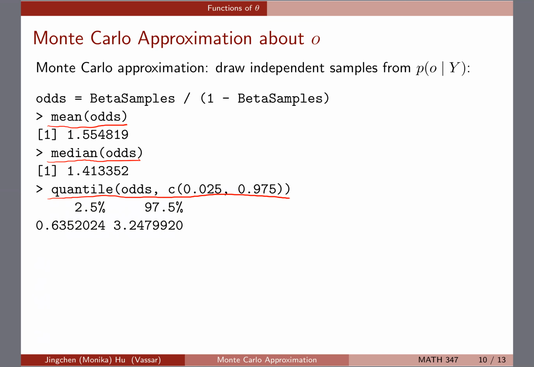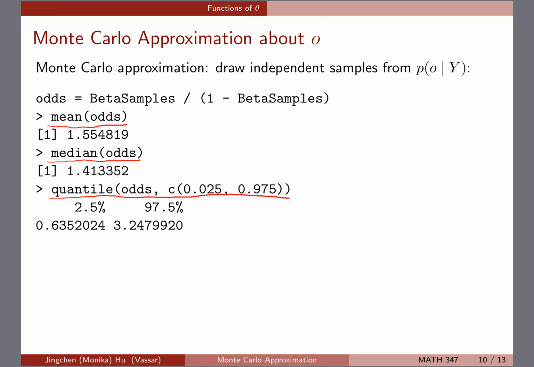But that is still about the unknown parameter. Sometimes people want to know more, not only about the parameter itself, but about functions of the parameter. A typical example, like what I presented here, is the odds, p over 1 minus p. That becomes a function. The analytic solution is too daunting to do, and the integration will be too hard. So we usually don't worry about that at all. We move to Monte Carlo approximation.